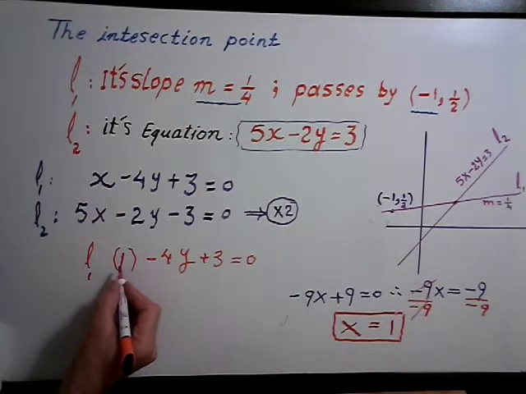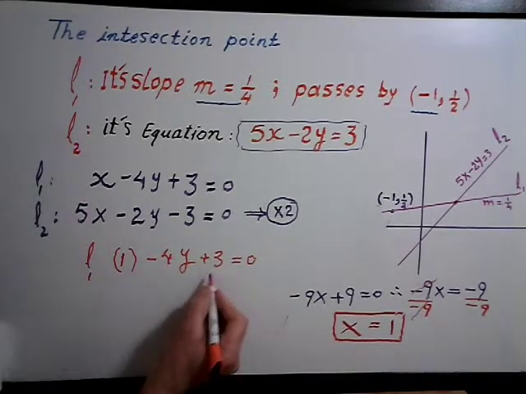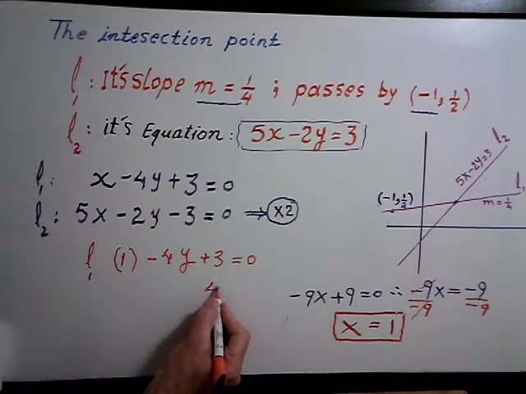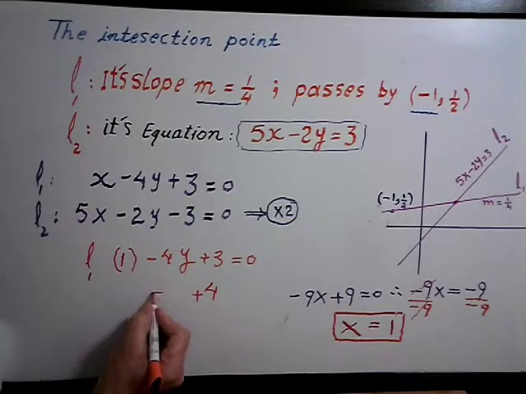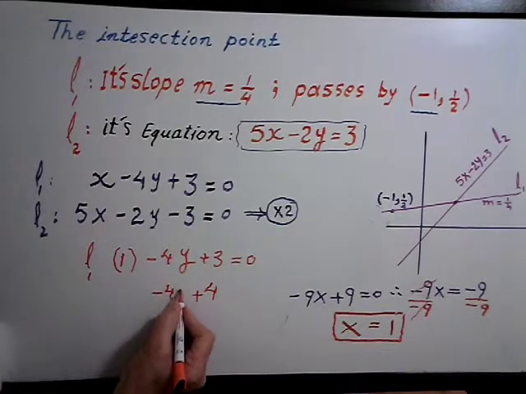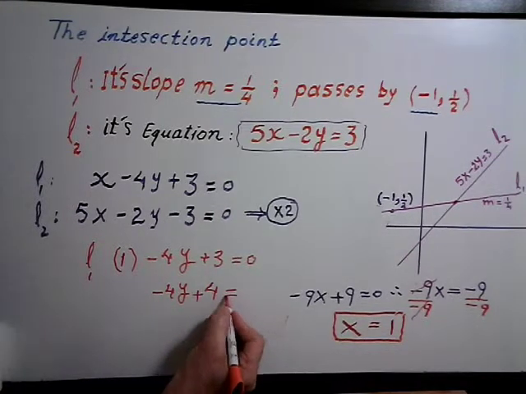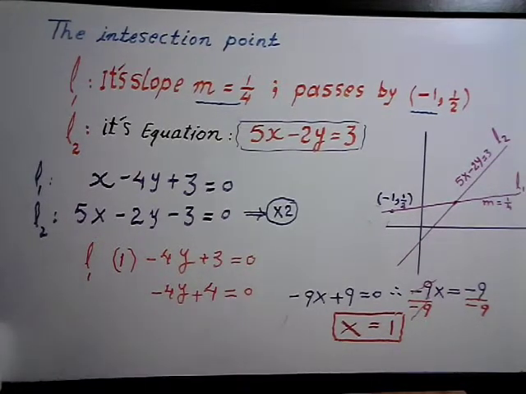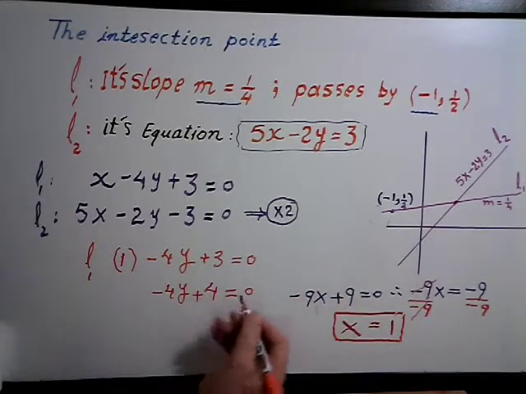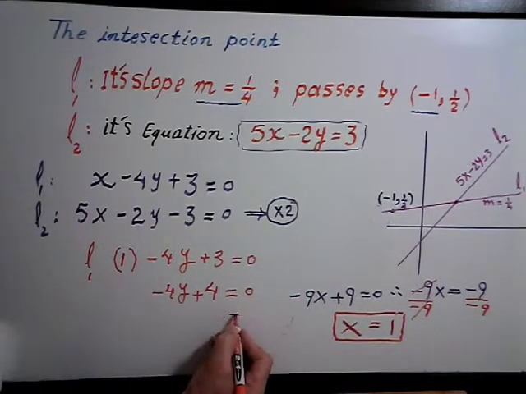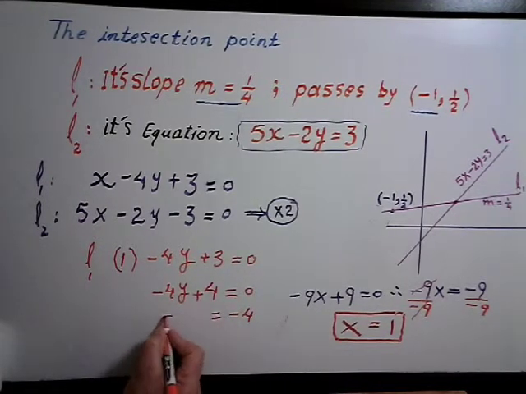So we have here plus 1 and here plus 3, so the total will be plus 4, and we have negative 4y is equal to 0. So move positive 4 to the other side, it will be negative 4, here negative 4 and here negative 4y.